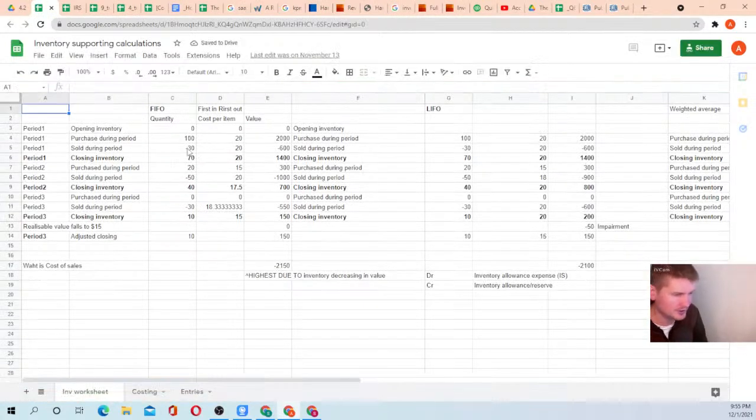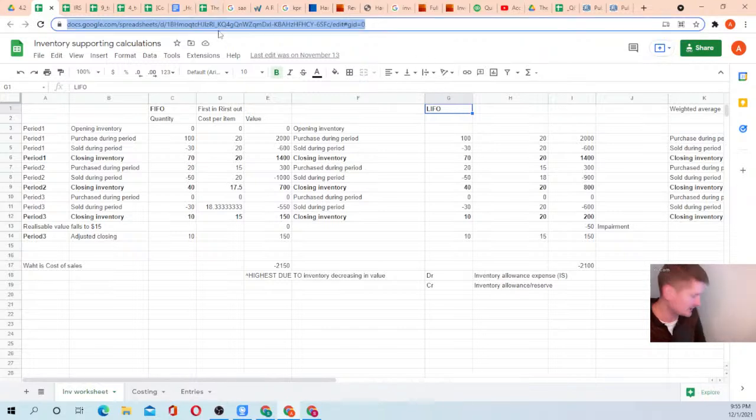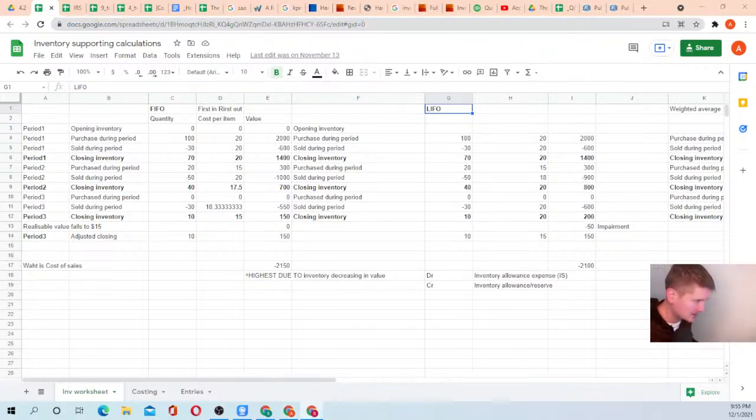Okay, so here it is. FIFO, LIFO. So that's the exercises which we did on the previous module. FIFO, first in, first out. First, you acquire some inventories, and then when you sell these inventories, you assume that you start selling the ones which you acquired the earliest.